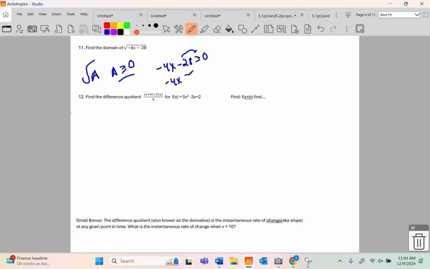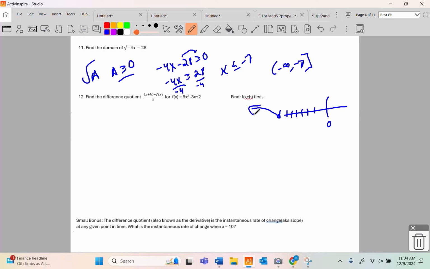We add 28. We divide by the -4. Remember to flip your inequality. X is less than or equal to -7. That means less. Less is left. Negative infinity to -7 with a bracket again because of number line concepts. Less than. I'm running left to negative infinity.